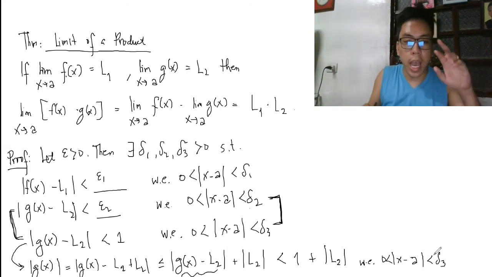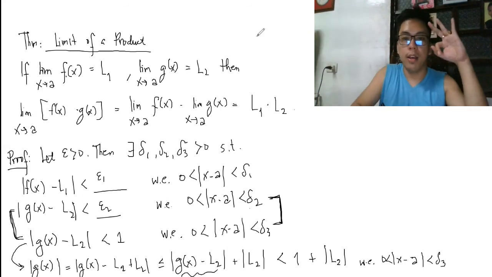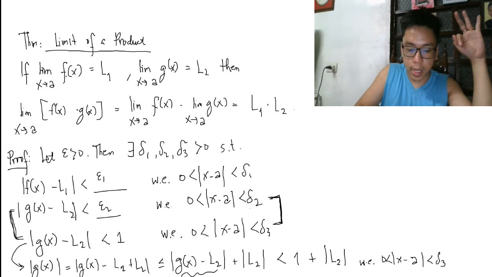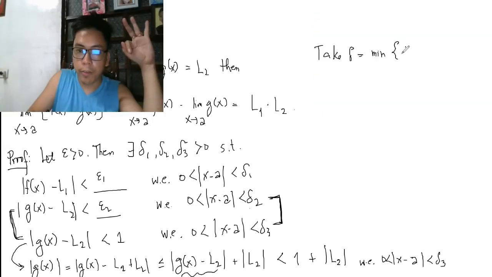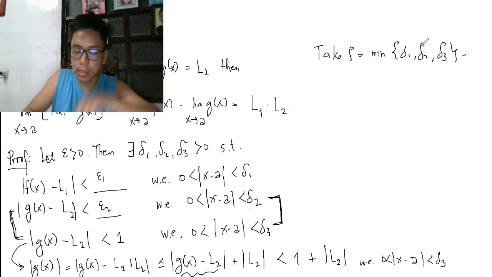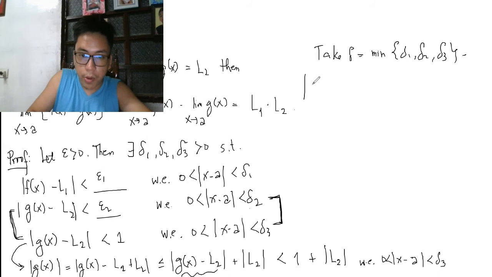Okay, now I have three types of delta. So in this case, I'm going to take my delta to be the minimum of delta 1, delta 2, and delta 3. Therefore, f of x times g of x minus, what are my limits, L1, L2.